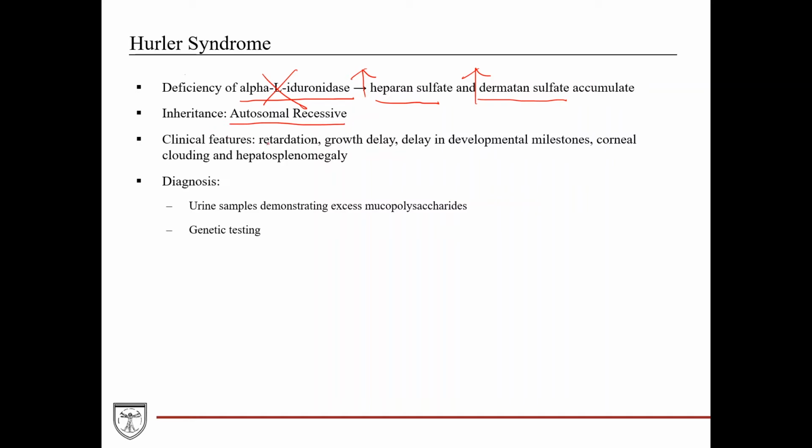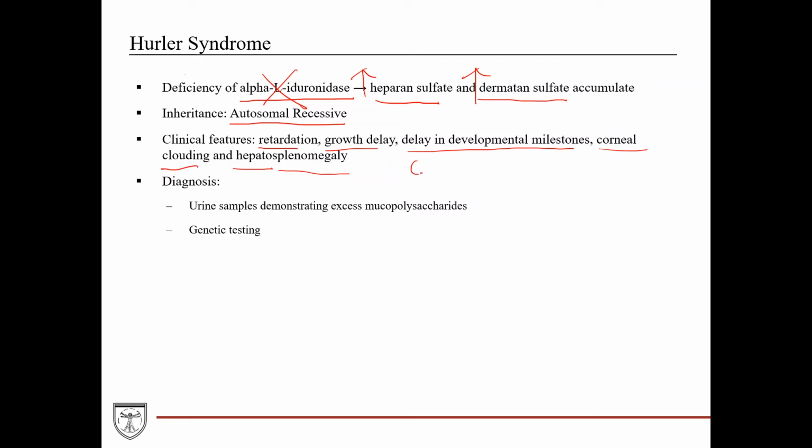Clinical features, this particularly impacts the nervous system, so you're going to see both neurological features as well as cognitive and behavioral problems. So you see retardation, growth delay, delay in developmental milestones. It also affects the eye. You see buildup of these molecules in the eye, so you see corneal clouding. You can also see buildup in other organs such as the liver and the spleen, so you can see hepatosplenomegaly.